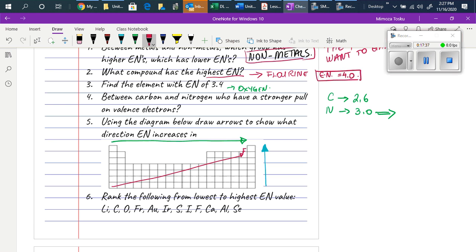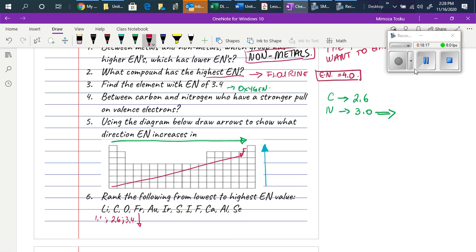So now you can do this on your own. Lithium has an electronegativity of 1.1, carbon has an electronegativity of 2.6, and oxygen has an electronegativity of 3.4. Francium has an electronegativity of... I'm not able to find francium now, but you get it.